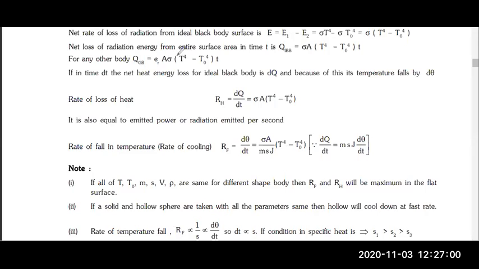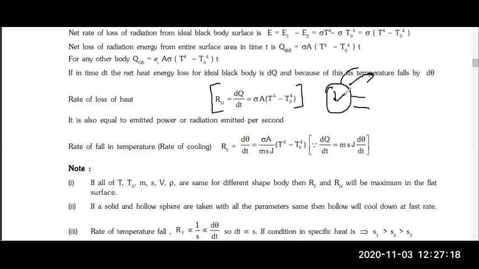So this is the rate of heat loss. Now, if heat is lost by some object, think about it. If we have an object that is releasing heat, then the temperature of this object is going down, yes or no?